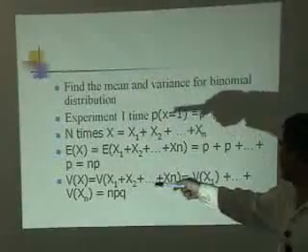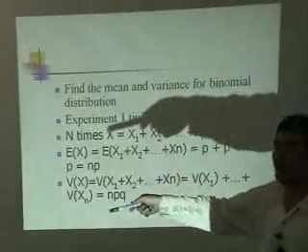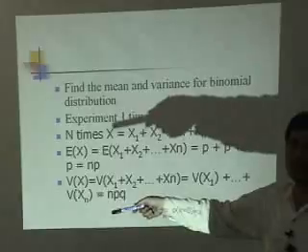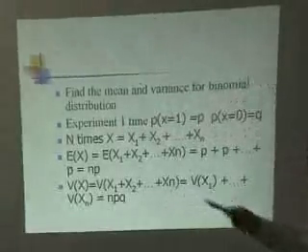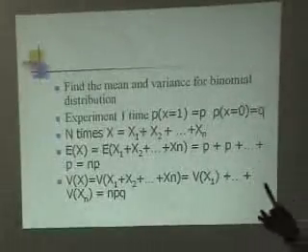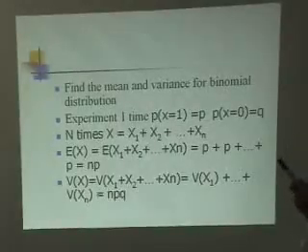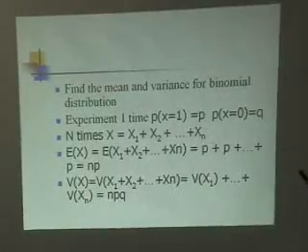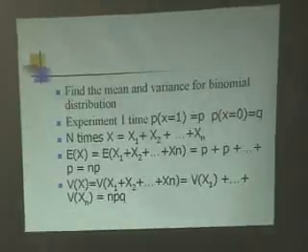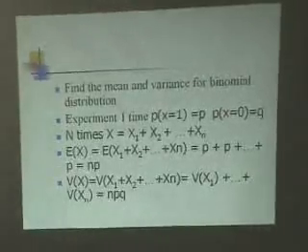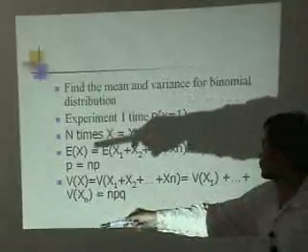Each trial is a random variable, and so this X is also a random variable, but it is a function of all these things put together. We have learned this before: if W is equal to X plus Y, what is the expectation of W? The expectation of W is the expectation of X plus the expectation of Y, right? So then, what is the expectation of X?